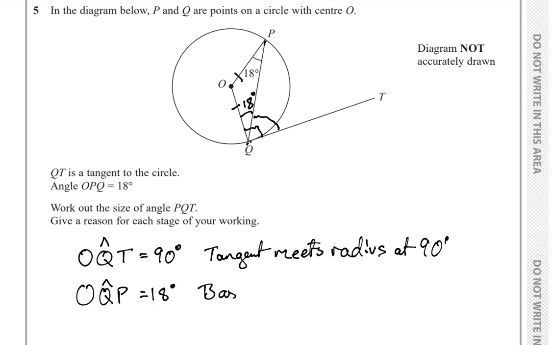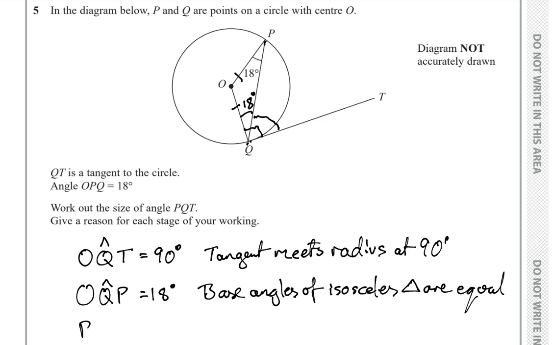Because base angles of an isosceles triangle are equal. So the angle that we want is PQT, is that whole thing, 90 minus the 18, which is 72 degrees. There we go.